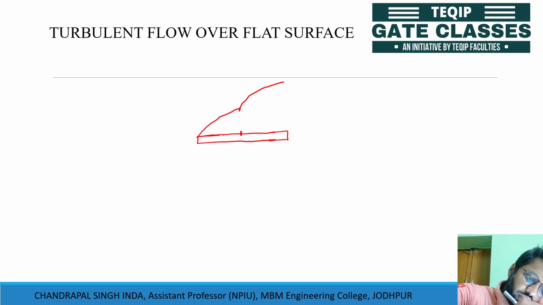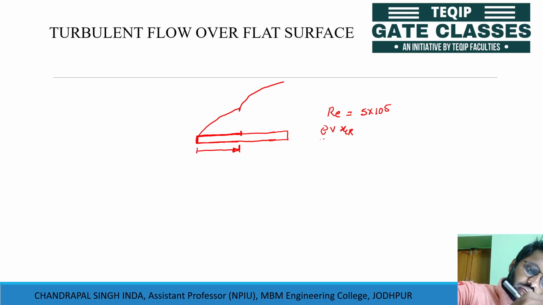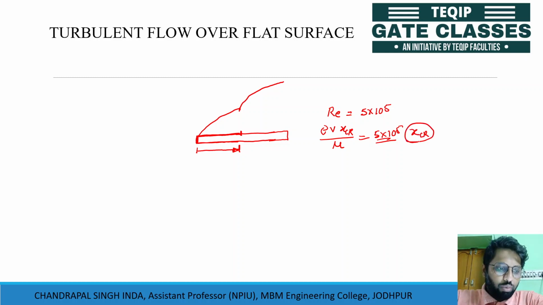We can find the length that represents the laminar flow, from the leading edge, by putting the Reynolds number equal to 5 into 10 to the power 5. So rho v x critical, meaning critical length, divided by mu is equal to 5 into 10 to the power 5. From here we can find x critical, the critical length up to which the flow is treated as laminar.